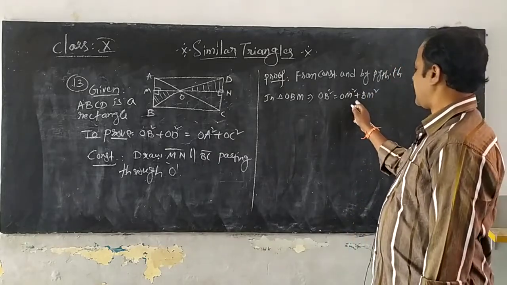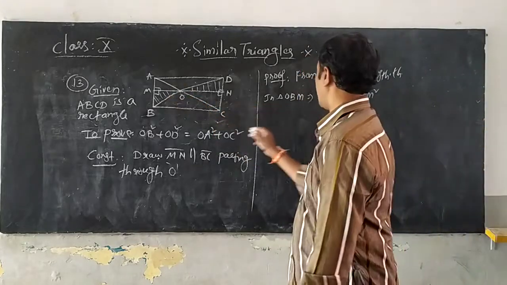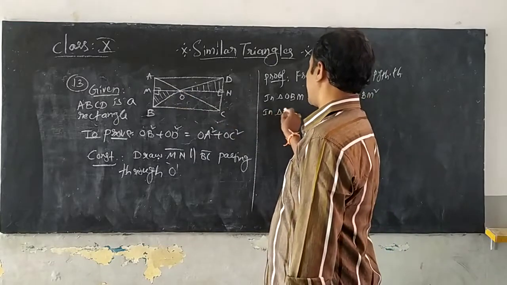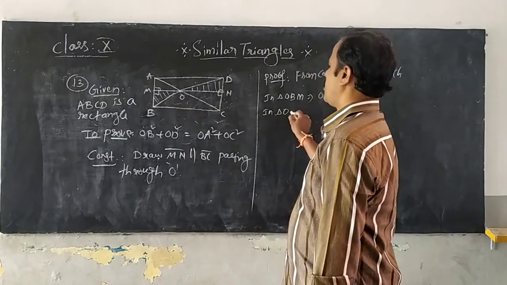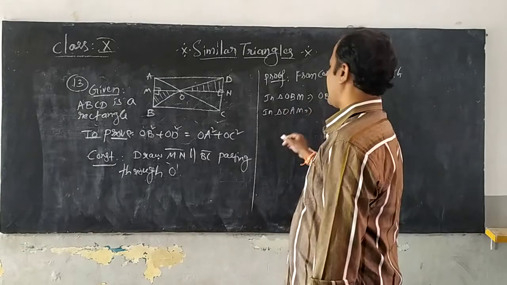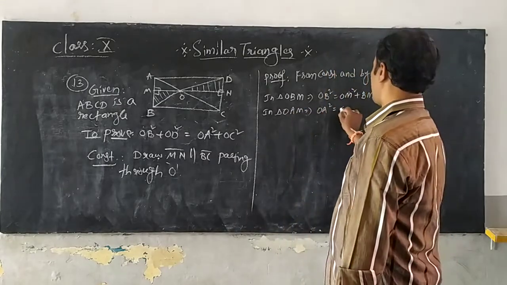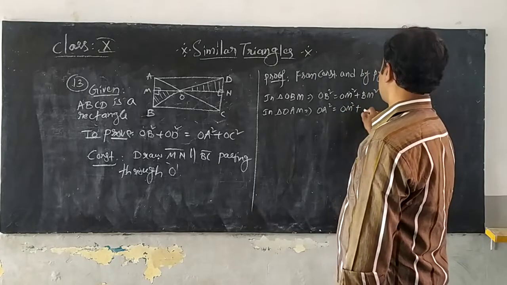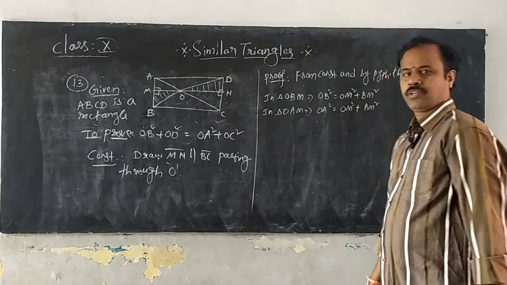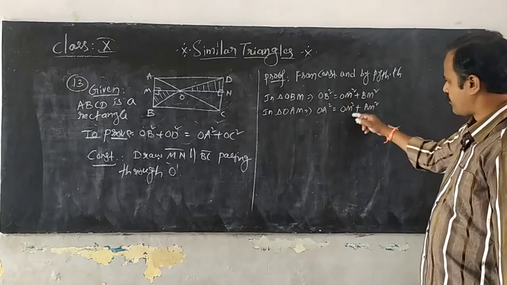Okay? And right, I take the upper triangle now. In triangle OAM, I write OA square is equal to OM square plus AM square. Now from these two, what is common for you? OM.